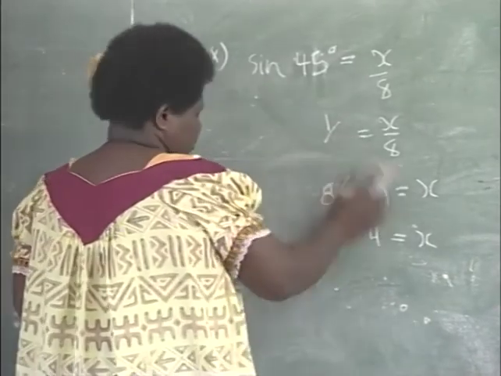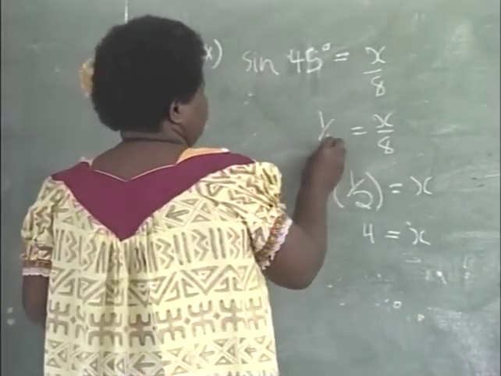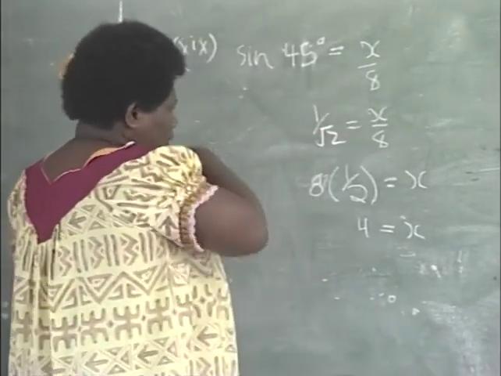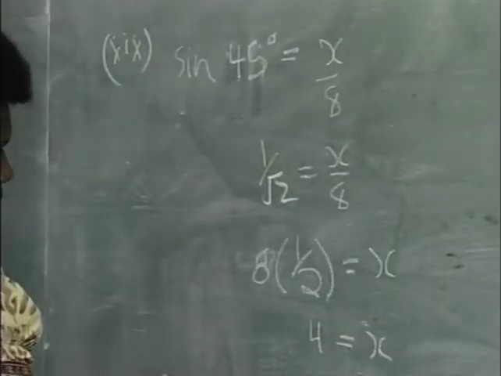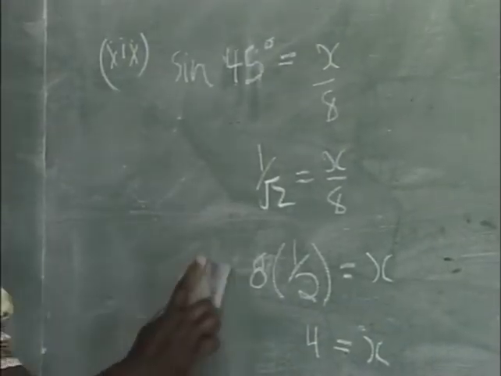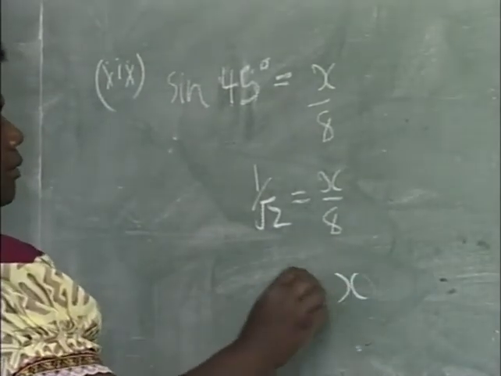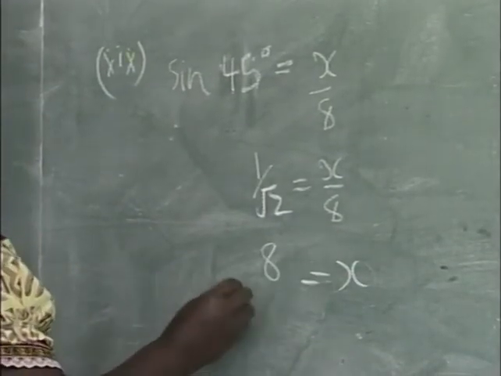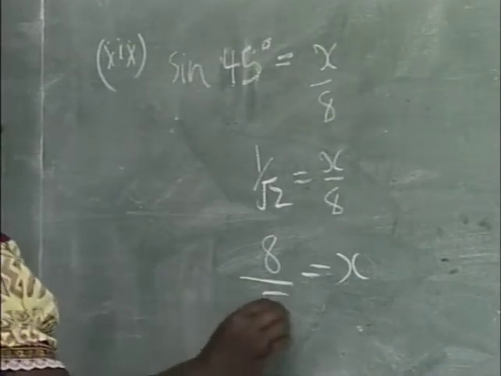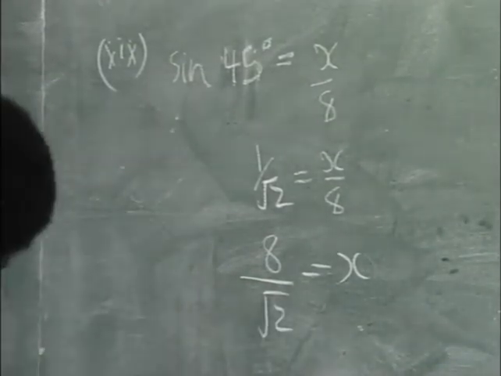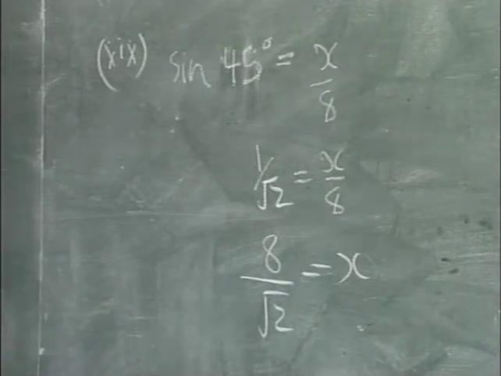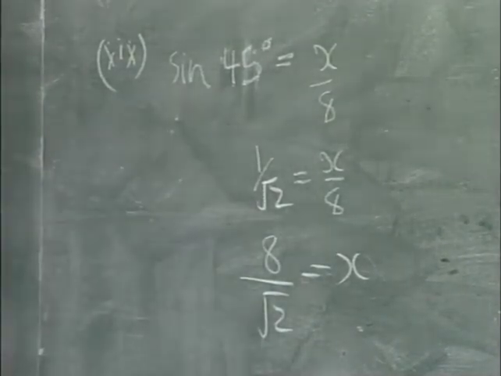So this should be root 2. The answer in exact form will be 8 over root 2. So the answer for 19 is 8 over root 2.